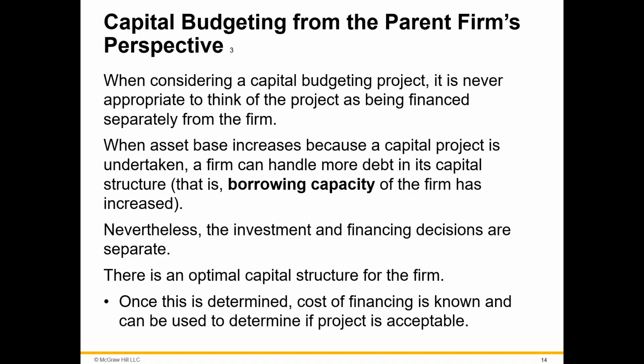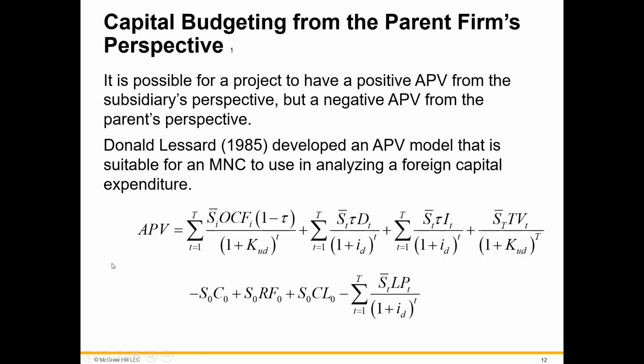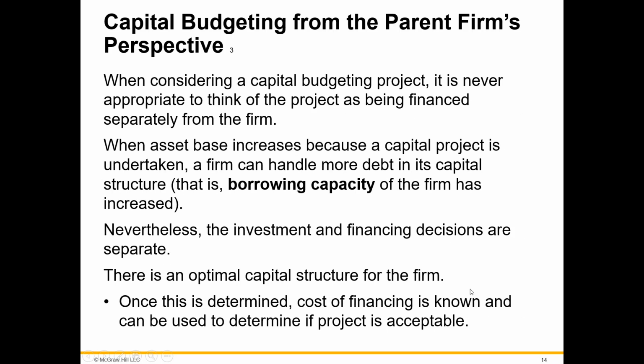And if the value that you've created is recognized, it could even be beyond that. But anyway, that's not that important. Really, the idea is about doing positive NPV projects. It's just that NPV is this Lessard's APV with a whole bunch of pieces in it, right?